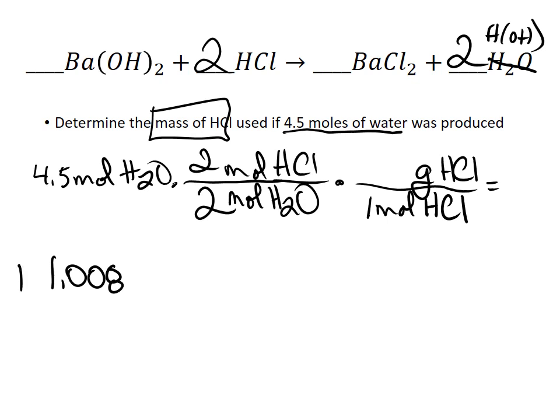1.008 is hydrogen. And chlorine is 35.453. When we add those together, it is 36.461.